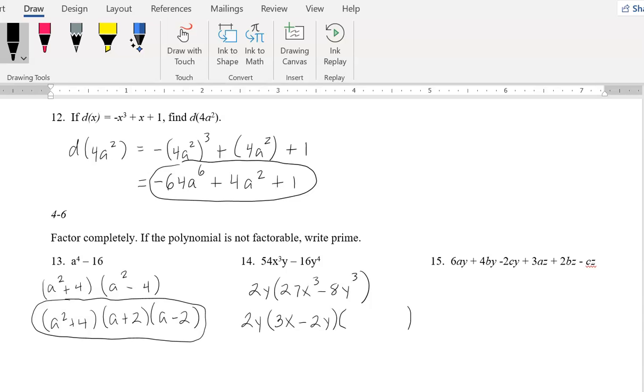The first term in the trinomial will be 3x squared, 3 squared times x squared, so that's 9x squared. Then we follow that up with plus, and we multiply these together. That's 6xy. And then plus 2 squared times y squared, that's 4y squared. And that's my answer for number 14.